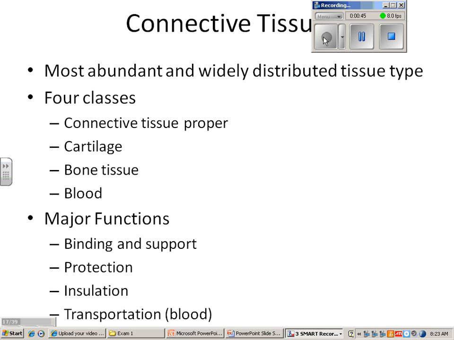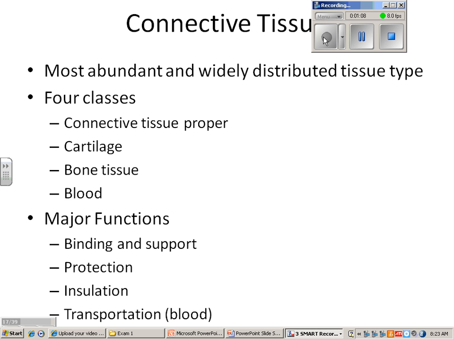We completed epithelial tissue, and just to remind you of some things about epithelial tissue, epithelial tissue has an apical surface. That's a free surface, so I want you to be familiar with the term apical. Usually when you look at epithelial tissue, you'll see lots of cells adjoining one another, and that reflects, of course, the functions of epithelial tissue.